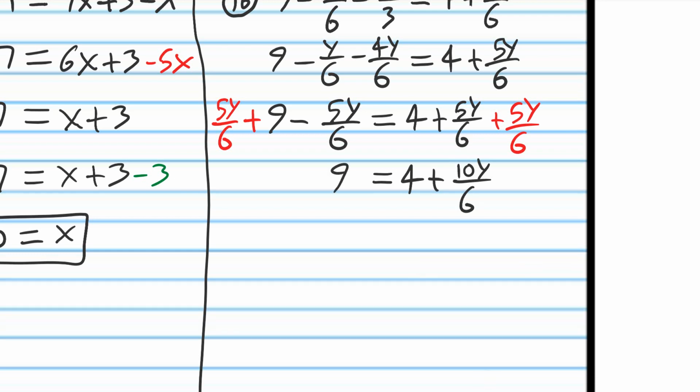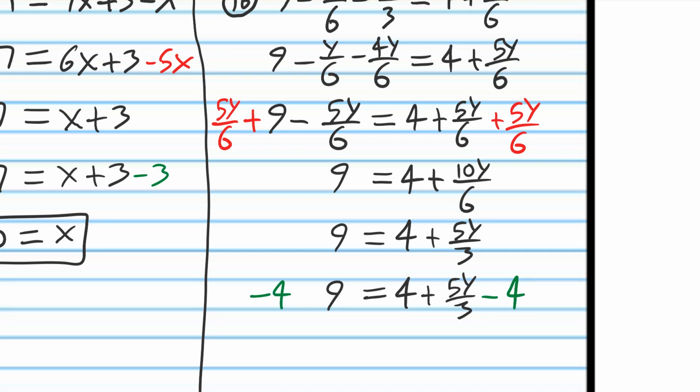And the y's on the left side cancel out. And we can reduce this to 5y over 3. And now we're about to perform another operation, so we have to rewrite that equation. Subtract 4 from both sides.